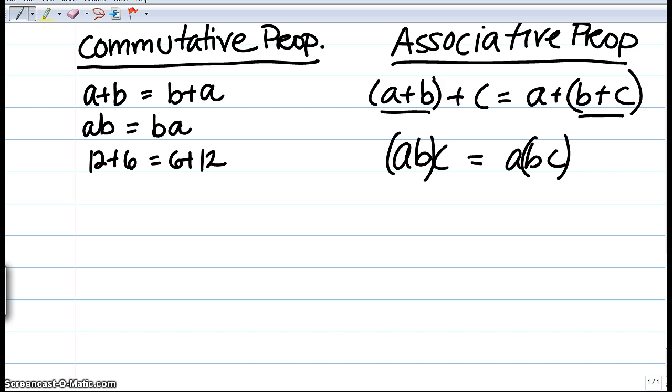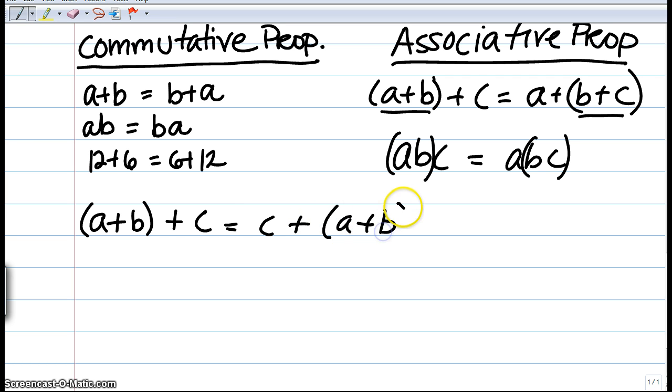So if I gave you A plus B plus C equals C plus A plus B, which property is this? Well, there's grouping symbols, but are my grouping symbols being changed?